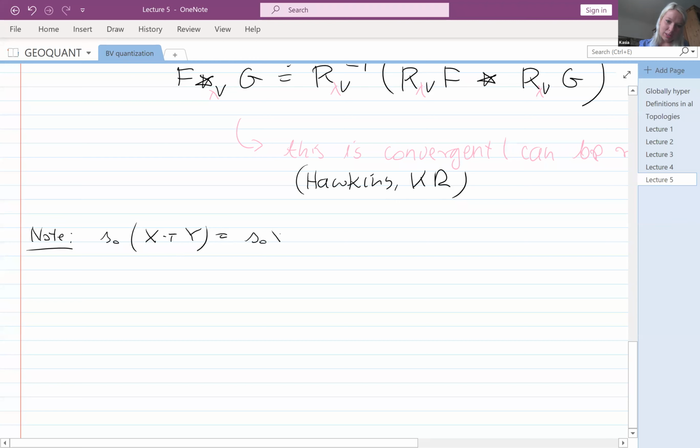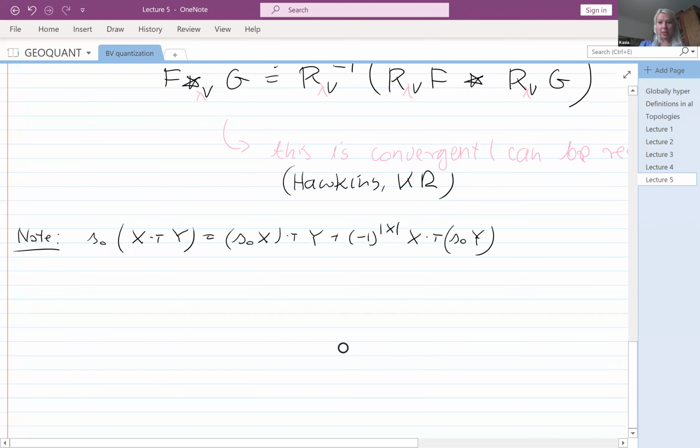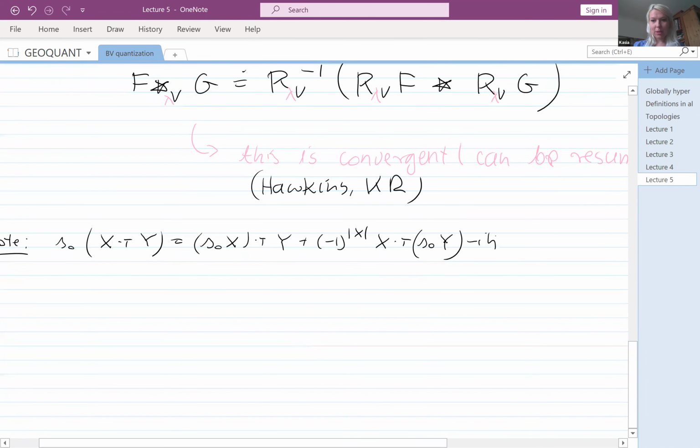There is a bit which looks like a derivation, with some signs related to the grade of X. So this is the graded Leibniz rule. Everything looks good, but there is an extra term, which is a twisted version of the anti-bracket.